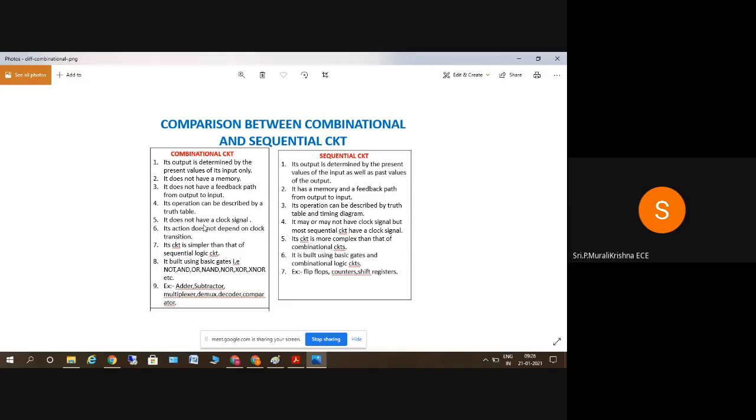Okay, so whenever I say that I'm using a clock signal, each and every operation is synchronized with the clock signal. For example, if you're having a timetable, and the classes are taken according to the timetable, we can say that all your classwork is synchronized with the timetable.